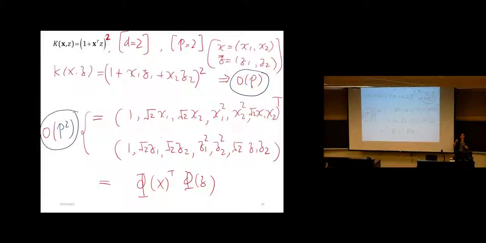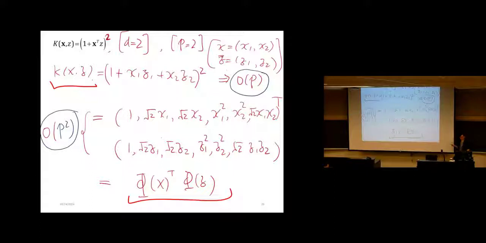You can decompose your phi-x into 1, the linear terms, the quadratic terms, and then the interaction terms. This is phi-x, this is phi z, and then you do phi-x transpose phi z. You can get exactly 1 plus x1 z1 plus x2 z2, quadratic, which is equivalent to each other.